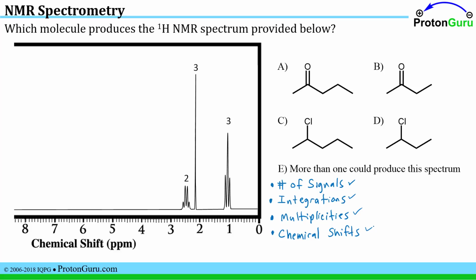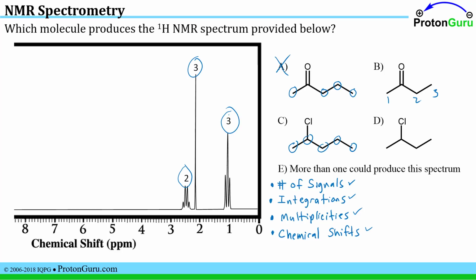In a multiple choice problem, I'm always going to start with looking at the number of signals I should expect to get. For this first possible answer choice, I should get 4 signals. But I only have 3 resonances in this particular spectrum, so I can rule that out. 1, 2, 3, that's still in the running. 1, 2, 3, 4, 5 sites with protons on them.